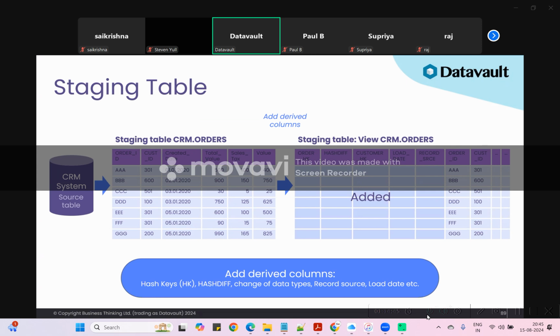We would add metadata like information about the record source, which would be the CRM orders table, the load date, which would be the date you run the batch, and something called hash diff, which is like a checksum, and we use that in the satellites to check if records have changed, to make the load happen.